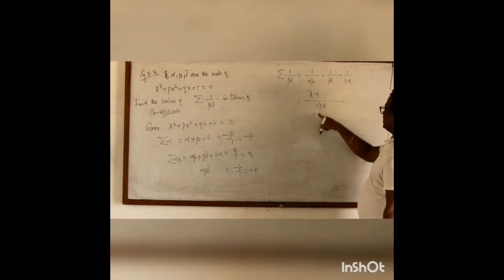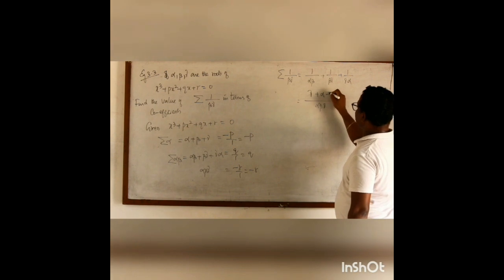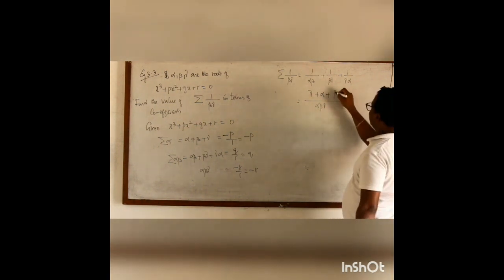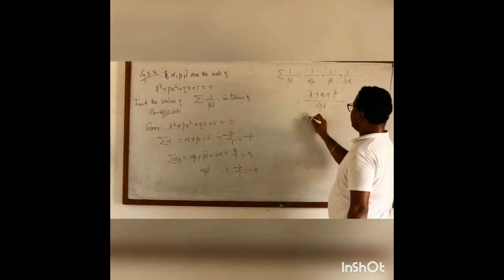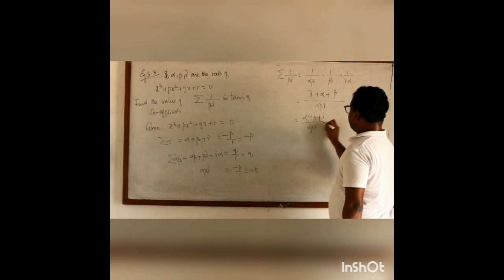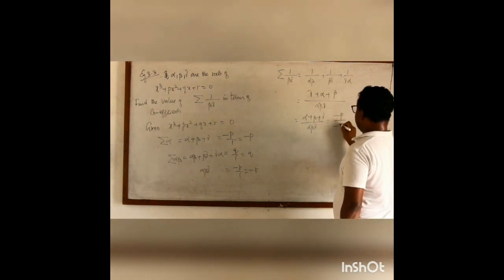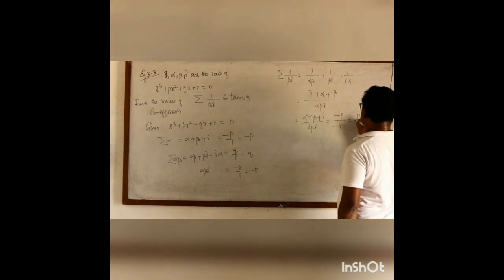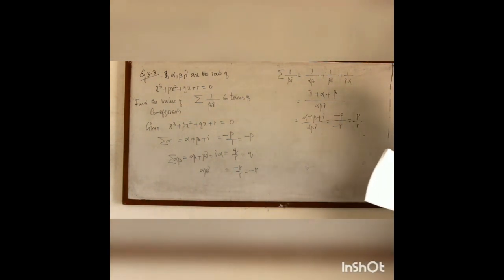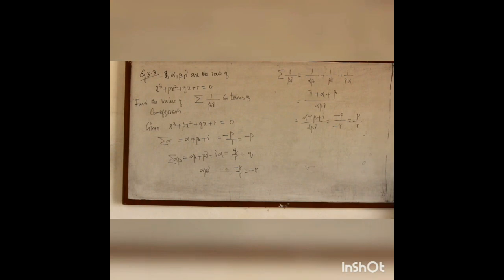Here alpha is missing, so alpha to be multiplied. Similarly, beta to be multiplied, which is nothing but alpha plus beta plus gamma by alpha beta gamma. Alpha plus beta plus gamma is minus p, and alpha beta gamma is minus r. So the answer is p by r. This is your example 3.3.